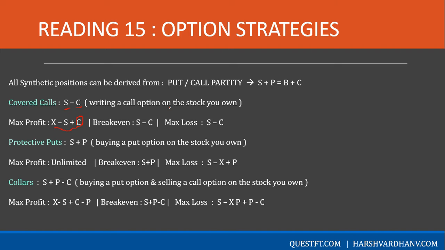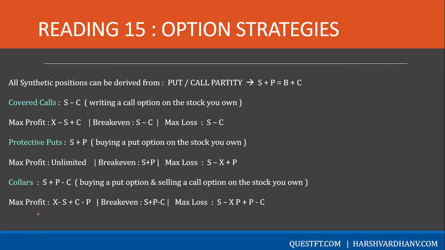That will be your maximum loss, because your stock, if bought at 40, can go to zero and your maximum loss can be 40, right? But you have received a premium, say 5 rupees on the call option. So your maximum loss will be 35, because you have some inflow from the call option. Okay, so this was this, and break even is very simple, S minus C.